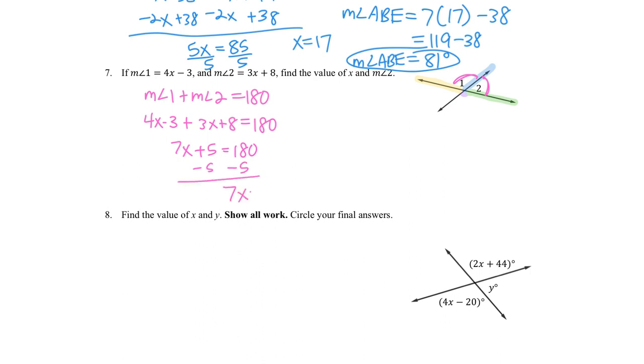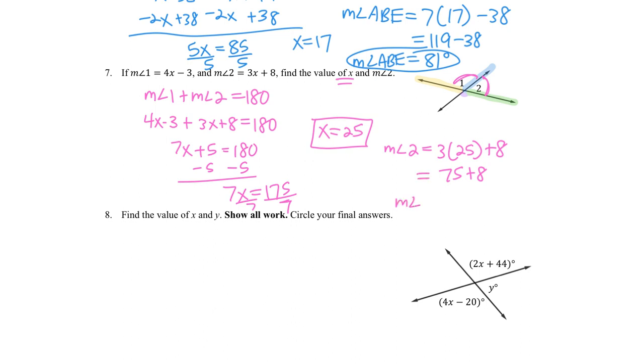You get 7x is equal to 175. Divide that by 7. And you get x is equal to 25. So it did say find x, so I am going to box that up. And now the measure of angle 2 is going to be 3 times my x, 25, plus 8. So 75 plus 8 is 83.